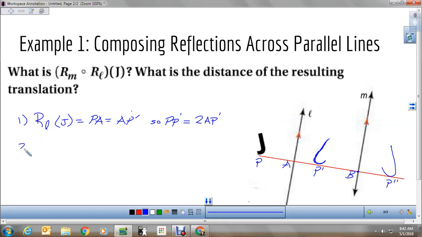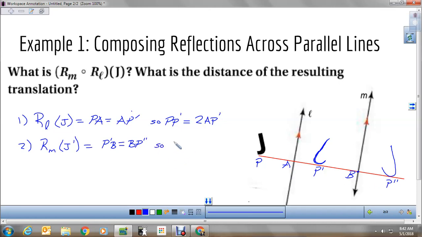So the second step, we're going to do the reflection across line M of J prime. So as reflected over here, we're going to get the P prime to B is equal to the same thing as B to P double prime. Those distances are the same.